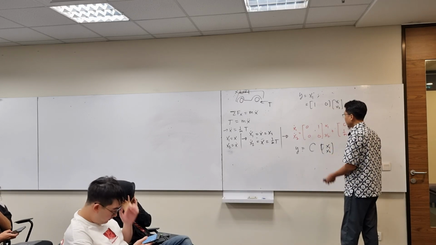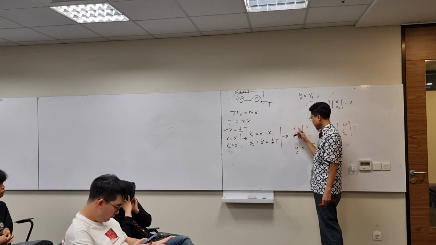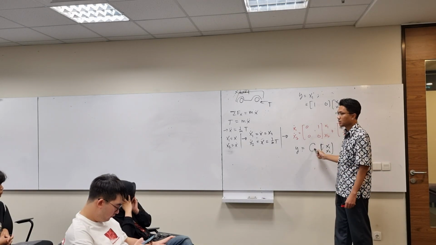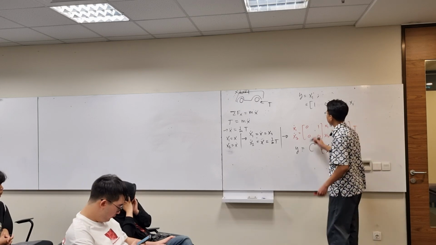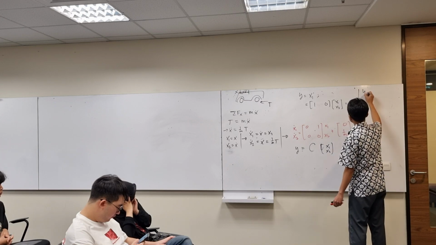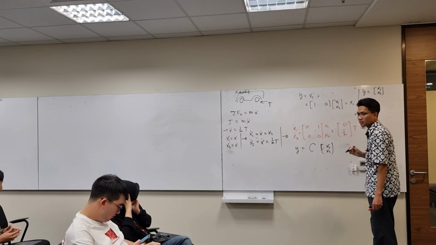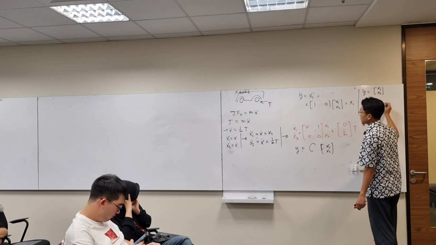What if I want the output to be displacement and velocity, two of them? What will be the C? I want y to be x1 and x2, like this. What's the C?